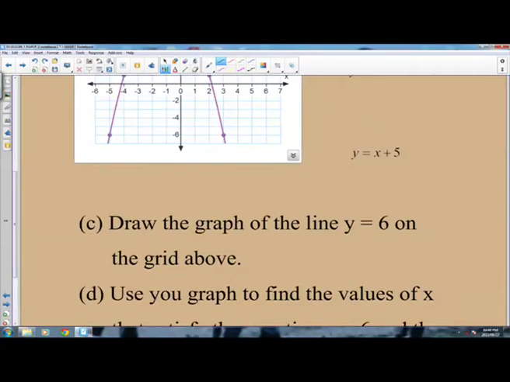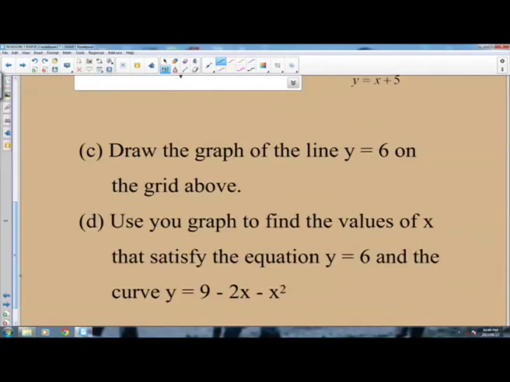Question D says, use your graph to find the value of x that satisfy the equation y equals 6 and the curve y equals 9 minus 2x minus x squared. So you have to use the graph that you have, rather the line that you have drawn, and then find out the solution to the line y equals 6 as well as the curve.